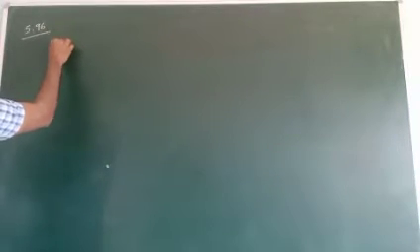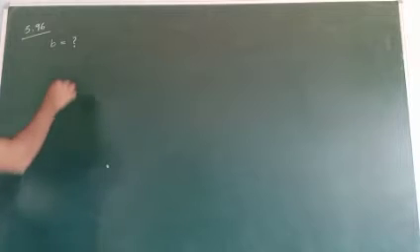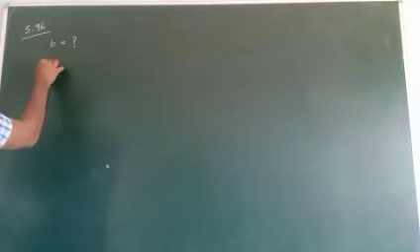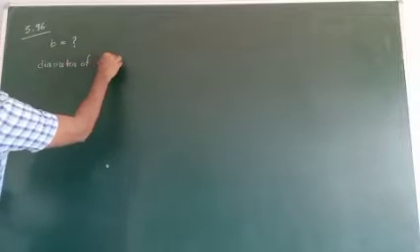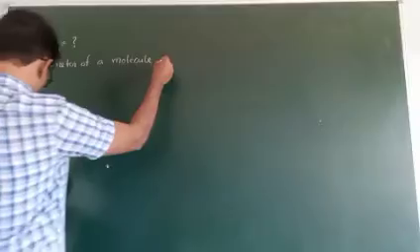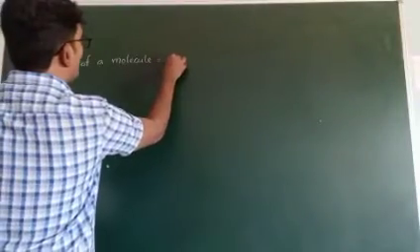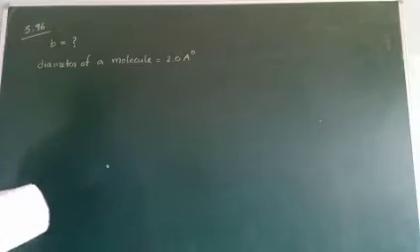Next one, 5.96. What is the value of B? B means van der Waals constant. Calculate the B value, and the diameter of a molecule is given. The value is 2.0 angstroms.